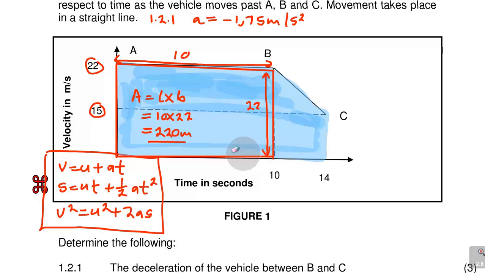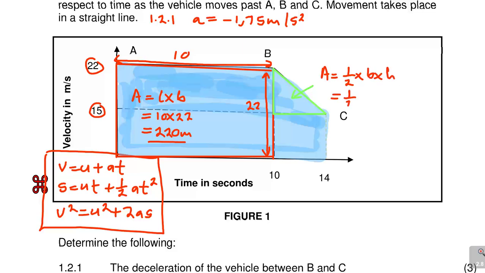Now the second part of this is to find the area of this part. I have a triangle here, and remember, the area of a triangle is half base times height. So the area is equal to half times base times height.